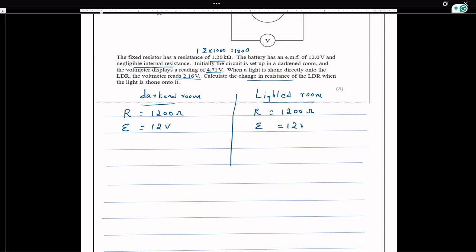What is changing is, initially the circuit is set up in a darkened room and the voltmeter is connected across the LDR. So what is given here is the voltage of the LDR, which is 4.71, whereas when it is in the lighted room, the voltage of the LDR is 2.16 volt. These are the numbers given here.